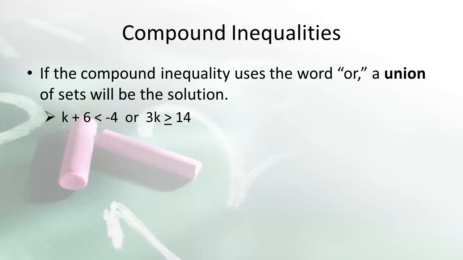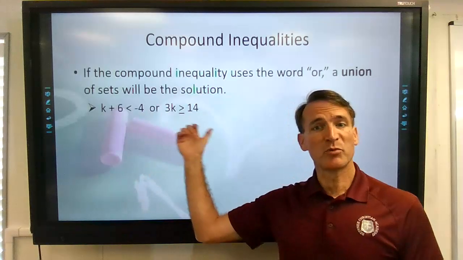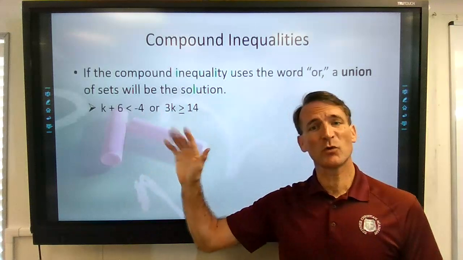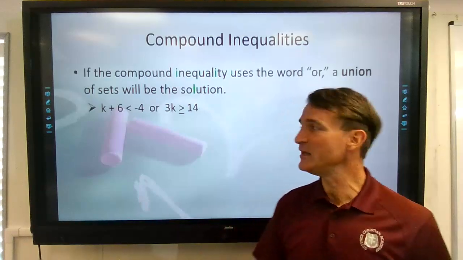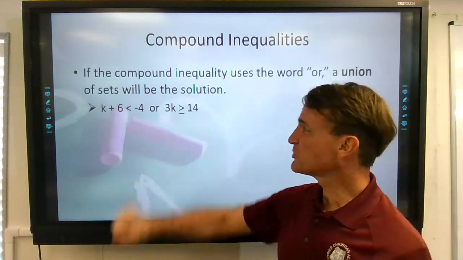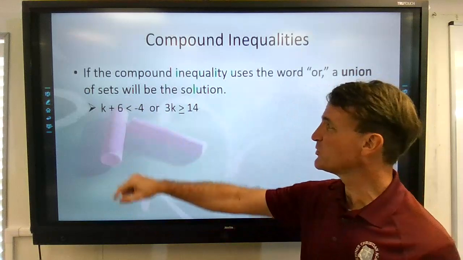So let's say I have k plus 6 is less than -4, or 3k is greater than or equal to 14. Now this one's already broken up into two pieces, so I don't have to worry about breaking them up, but I do still need to solve each one individually. For this first part, I'm going to subtract 6 from both sides.